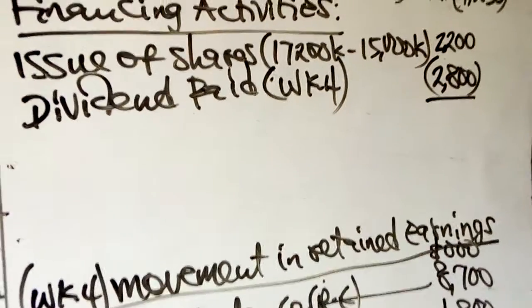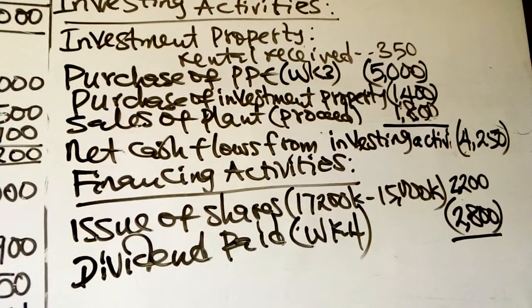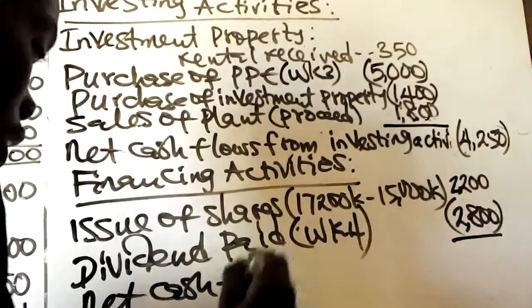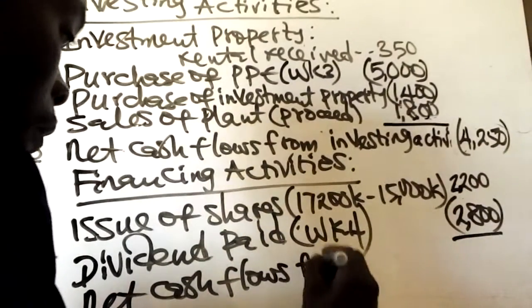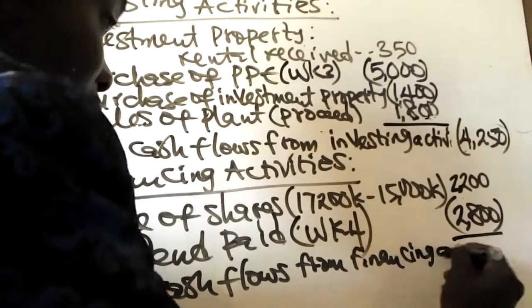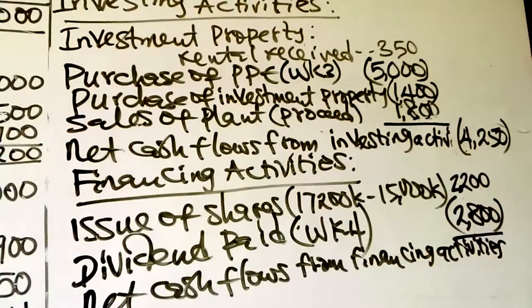So after all this adjustment, you have 2,200 minus 2,800. Then you have 600 as a difference. That is net cash flows from financing activities, and that is 600 outflow.